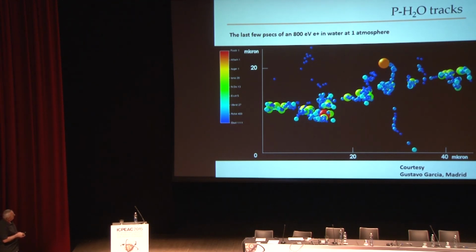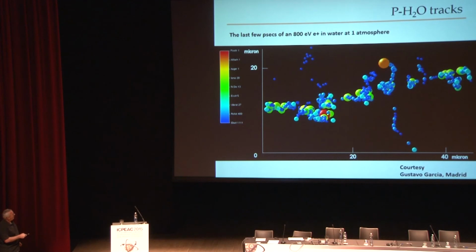And what happens here, there's a chart here that goes from positronium formation in the red all the way down to elastic scattering in the blue. The positron comes in, there's a whole range of collisions taking place, there are secondary electrons being produced. And at this point, there's an Auger collision where the positron loses most of its energy and then very shortly after that forms positronium and annihilates.